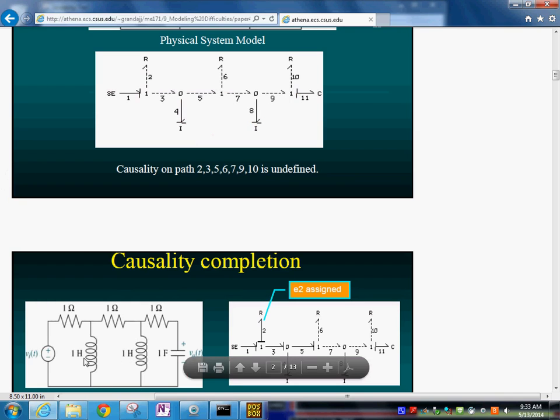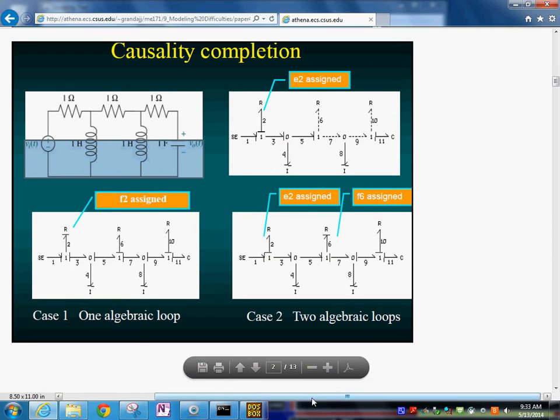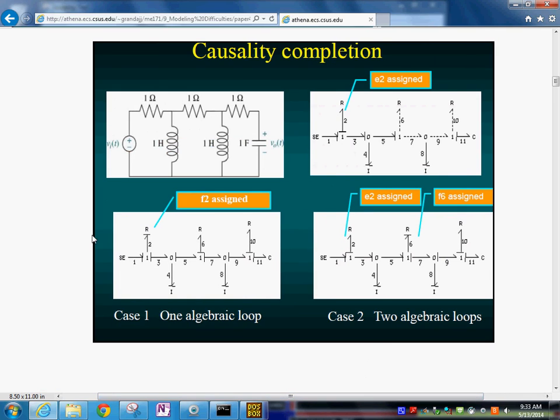So in here, what I'm trying to show you on my slides is that you can assign here the E sub 2 and you fix it up to here. But you have an algebraic causal path in red over here. But this one here, if you could assign here, then when you assign it this way, everything falls into place.